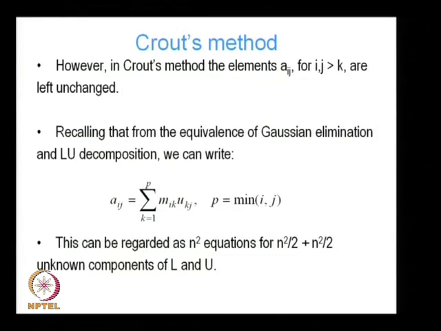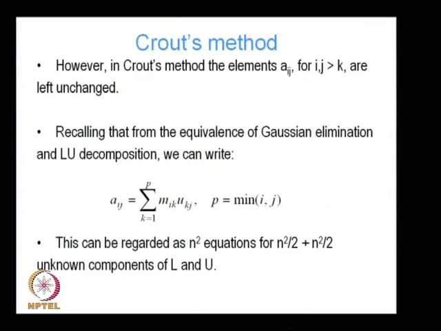So, the total number of unknowns is n square by 2 plus n square by 2. So, we can think of this as n square equations for n square unknowns, where my unknowns are m and u, which are the components of the lower and upper triangular matrix. So, we can think of this equation as a set of n square equations for determining the unknown components of my lower and upper triangular matrix.